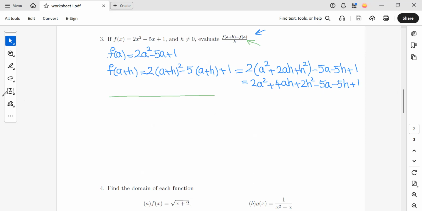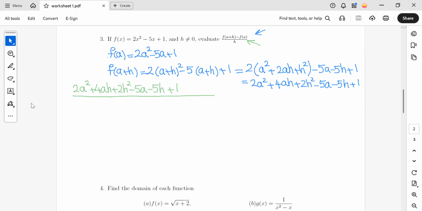And I would rewrite the whole thing here for a plus h. So 2a squared plus 4 times a times h plus 2h squared minus 5a minus 5h plus 1.